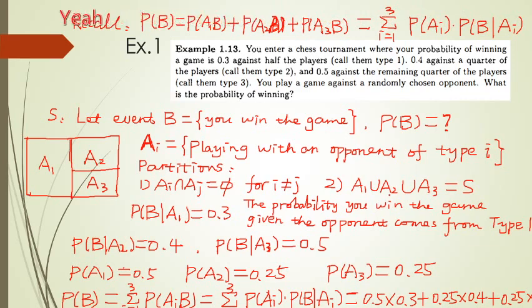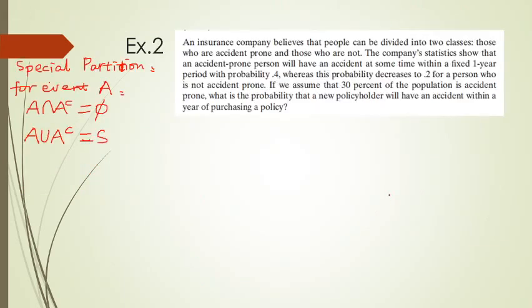All right. So here, when we mention the total probability theorem, we will mention the partitions A1, A2 until AN. And here there is a special partition. Once event A and its complement form a partition, because the intersection of event A and its complement gives the null event and the union gives the sample space.